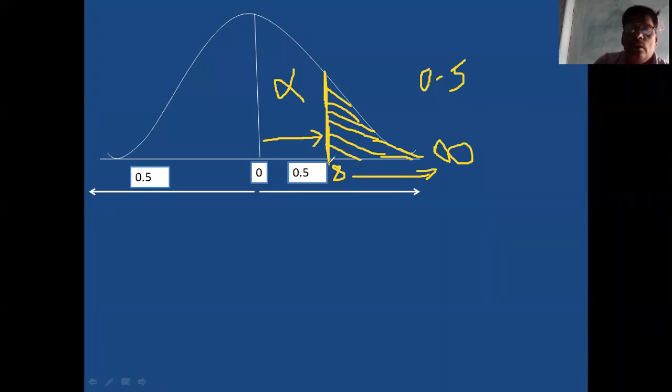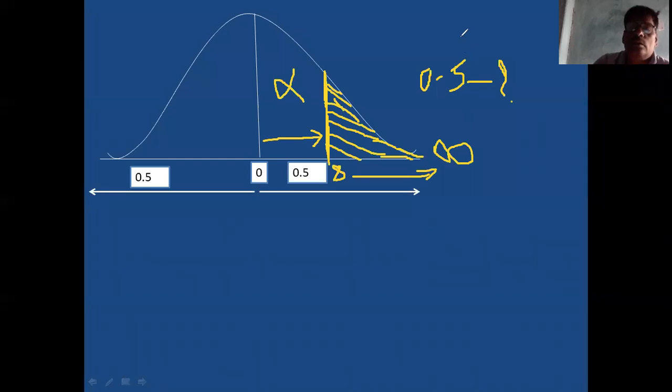You go to the table. What is the value of 8? You take the value of 8 and deduct it. Then whatever answer comes, that is the area. This is the area you find out.